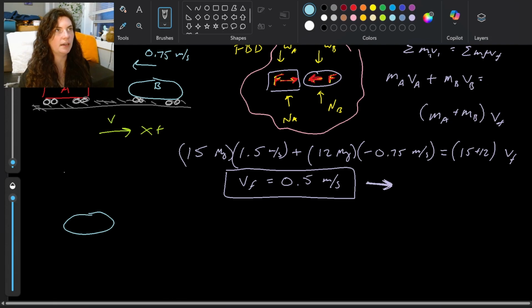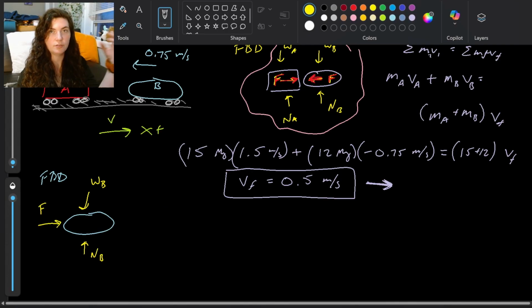His free body diagram is going to be his weight, his normal force, and then of course the impulsive force F from that boxcar A, that's acting when they collide together. It's acting as that impulsive force on the little tanker car B.